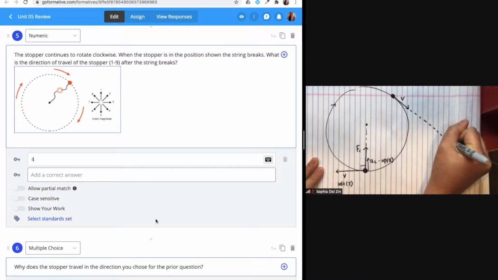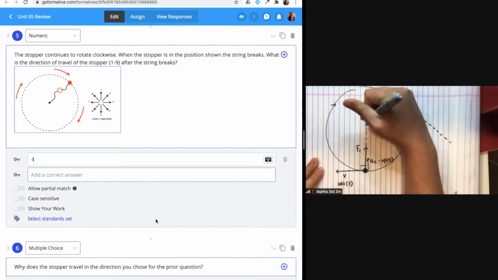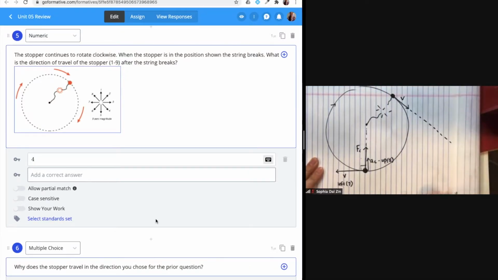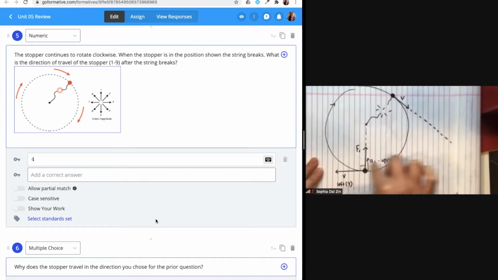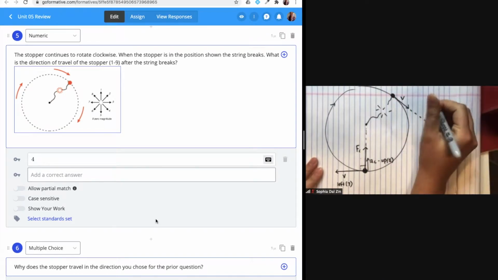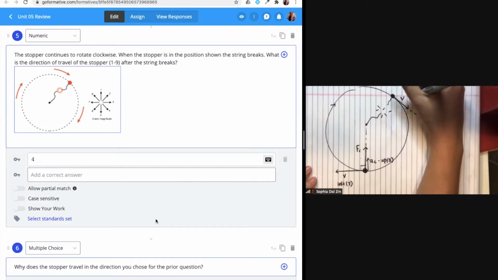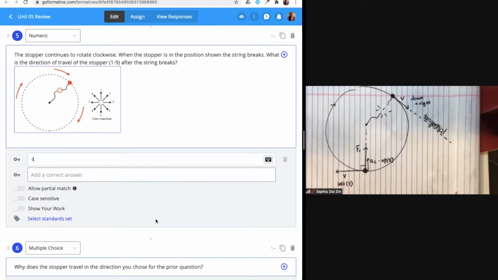There's no force pushing it outward, because if the string breaks, the centripetal force has gone away, and so there's no force holding it in circular motion anymore. It goes off along its tangential path because of the inertia of the stopper. So I said that this direction was direction 4, down and to the right. That's why for number 5, I put direction 4.